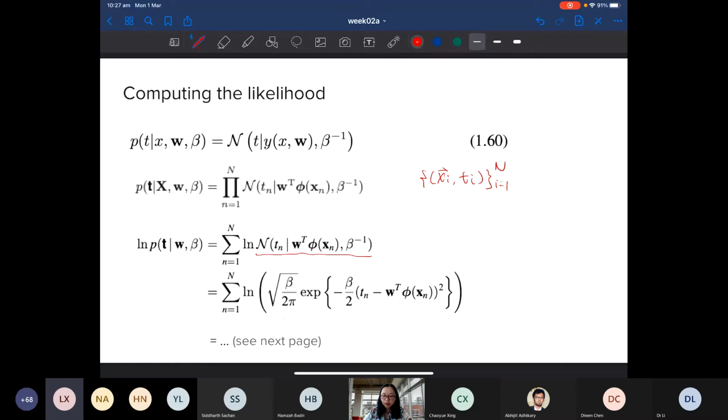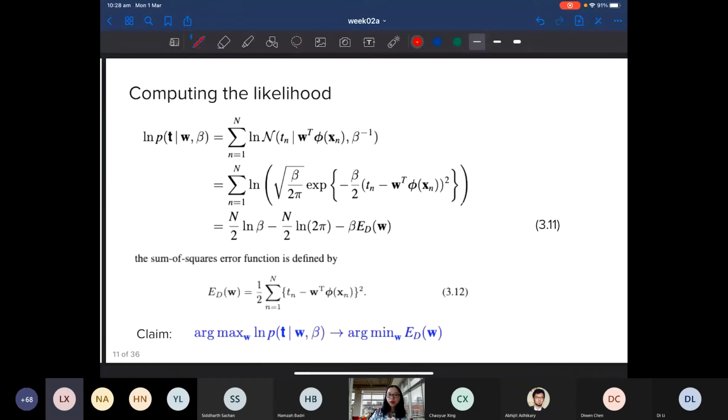Then the next step, we're simply expanding this univariate Gaussian term into its constituent parts, right? So we just write out the normalizer, beta over 2 pi taken to the square root, and the exponent is beta over 2 times the square distance between target t and y of the regression function, y of xn and w, right?